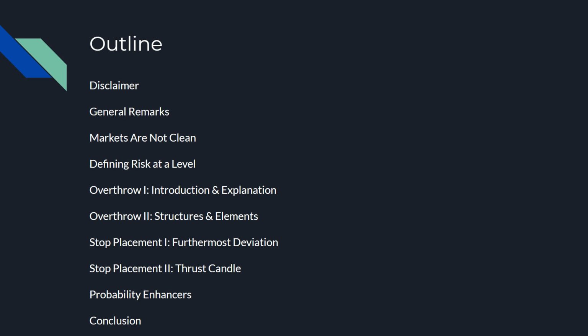Then we'll also break stop placement down, having learned Overthrow, into two parts, specifically the two different ways in which risk can be defined using Overthrow. Hopefully those two categories will be clear, or at least familiar, to those who have studied the support resistance trade setup video. Having done that, we'll do some probability enhancers, basically how to avoid common pitfalls and make the most of these types of setups, and then conclude.